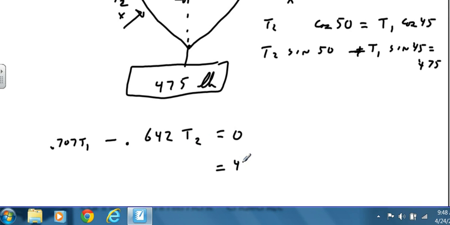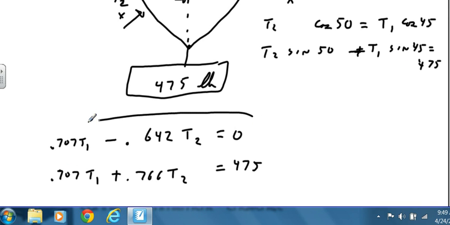My second equation says that the sine of 50 plus 0.766 T2 has to equal the sine of 45. Okay, so that's 0.707 T1, because the sine of 45 and the cosine of 45 is the same number.